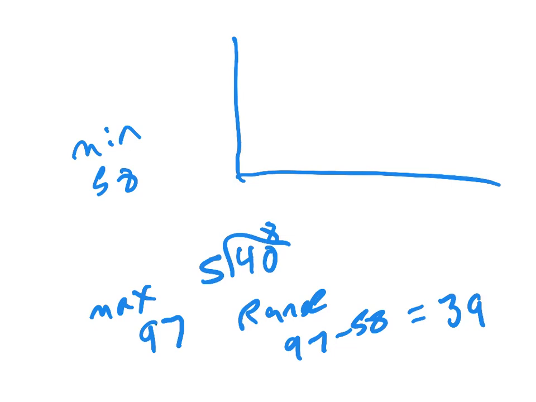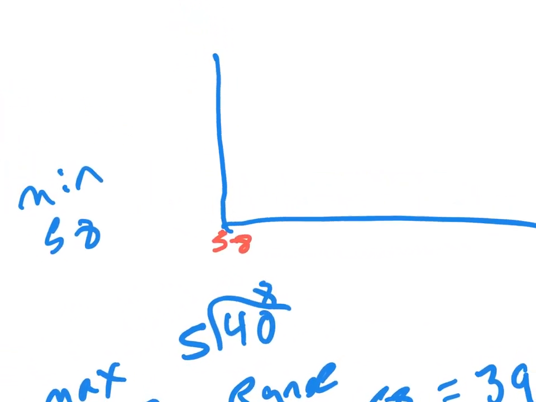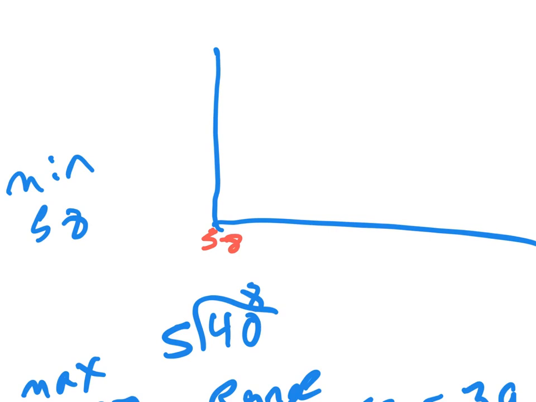I will put 58 there, and add 8 to that. 58 plus 8 is 64. 64 plus 8 is 72. 72 plus 8 is 80. 80 plus 8 is 88. 88 plus 8 is 96.